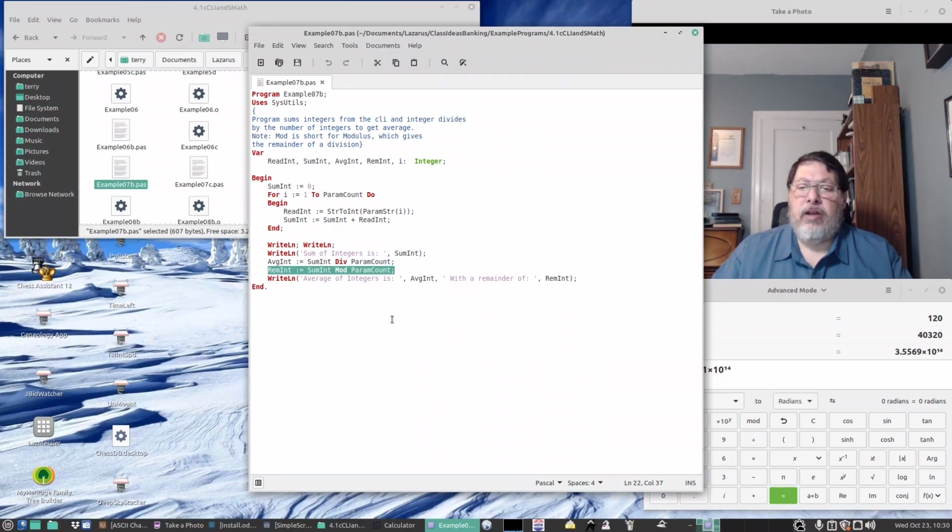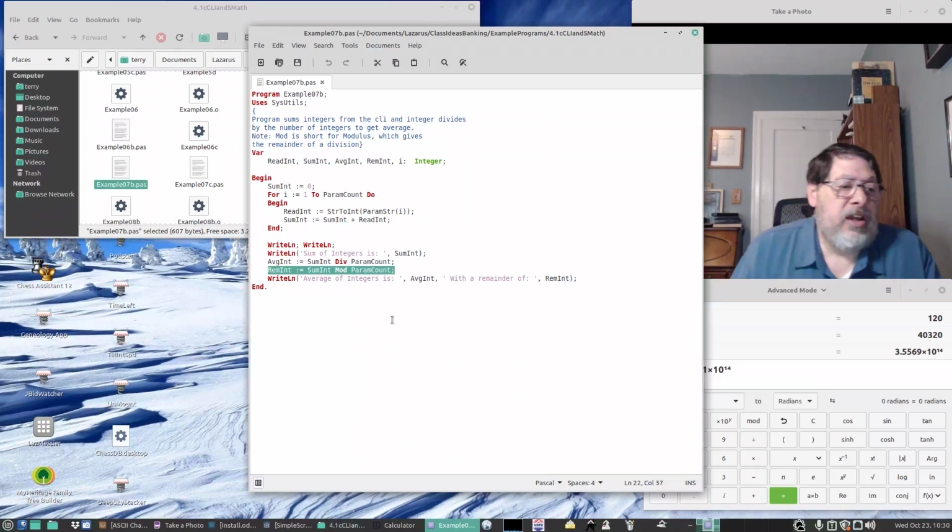Right here. The mod and the div have been with Pascal since Nicholas Wirth released it in about 1970. We can go ahead and test this.